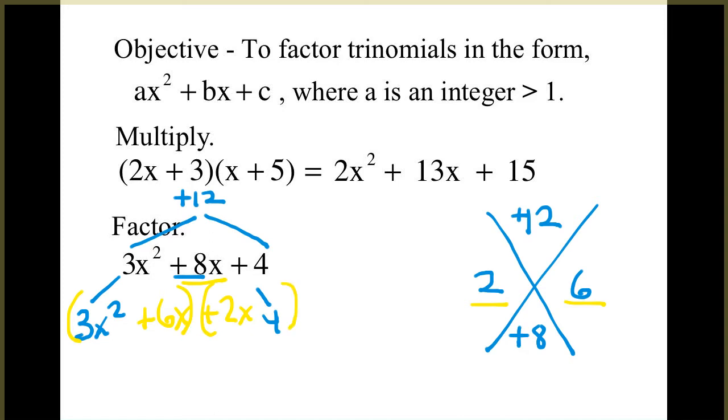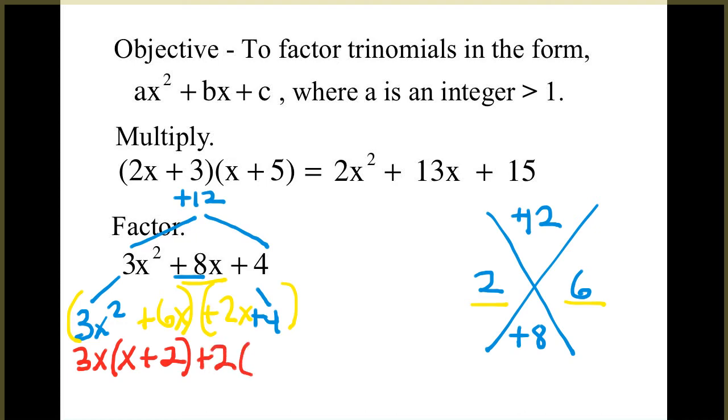In the first binomial, I can divide out a 3x, and then I'm left with x plus 2. And in the second binomial, I can divide out, let's see, a positive 2.